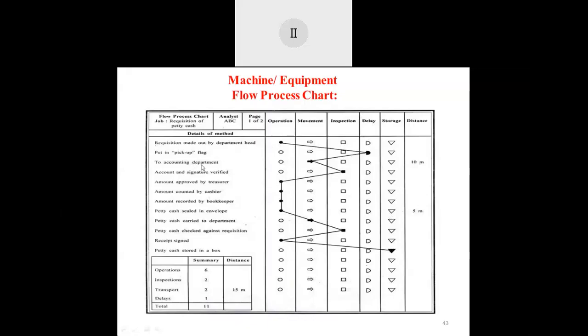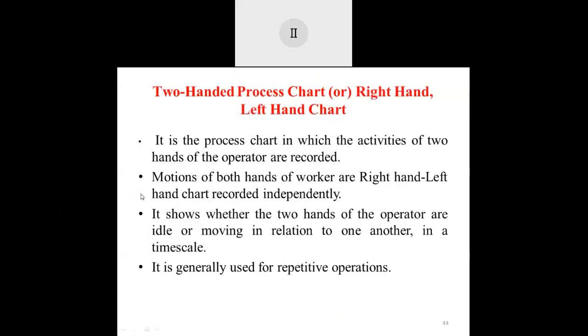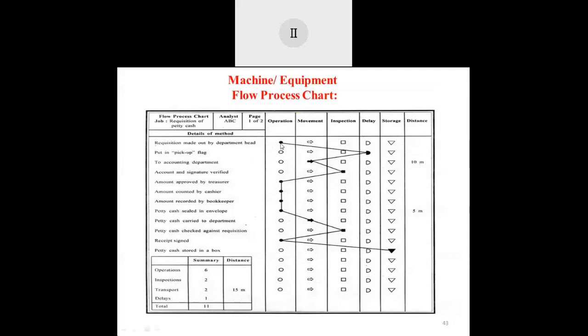So just check this: requisition made out by department head. It's an operation. The department head will decide how much cost, how much cash is needed. So that requisition they will make here. Some operation. Then from there the cash will go to delay, put in pickup flag.